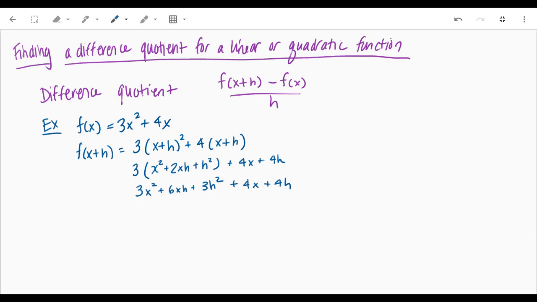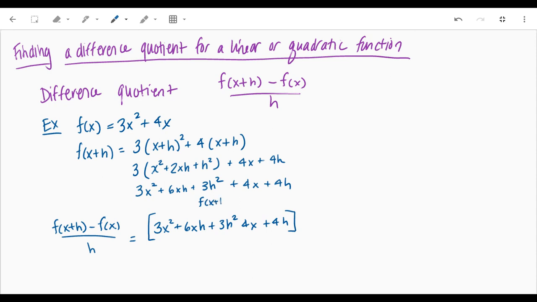Now, some good things happen. f of x plus h minus f of x over h will be f of x plus h, there is my f of x plus h, minus f of x, which is 3x squared plus 4x.